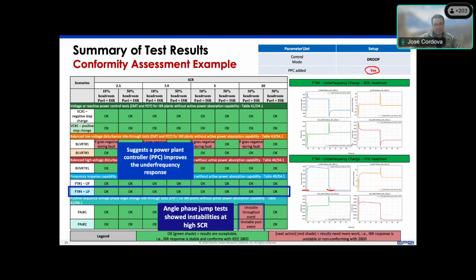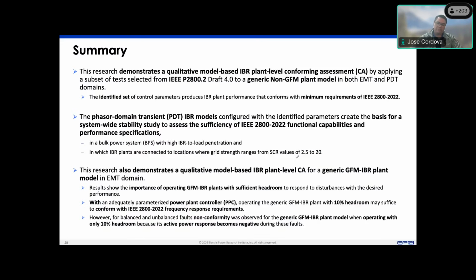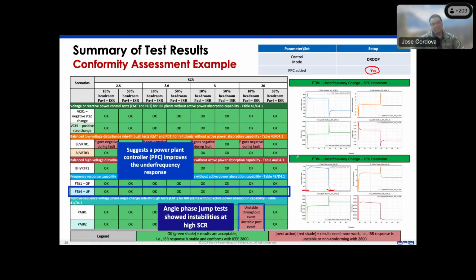And another thing, if you just go back two slides, yeah, just this. One caveat or situation that we found is that the phase angle jump test actually showed some instabilities at high SER. This applies to this generic model, and it might need either tuning or further investigation for this kind of test.